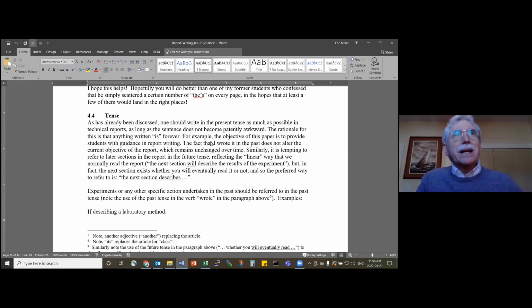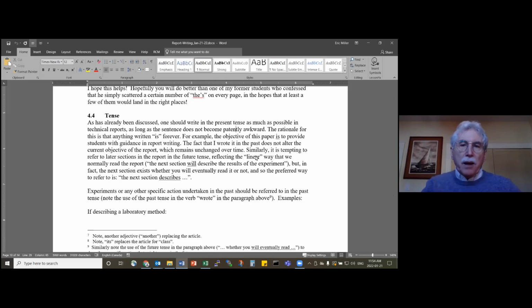The material in it exists in the present forever, as long as that thesis is still available. So anything written is forever. So I think generally we should use the present tense.